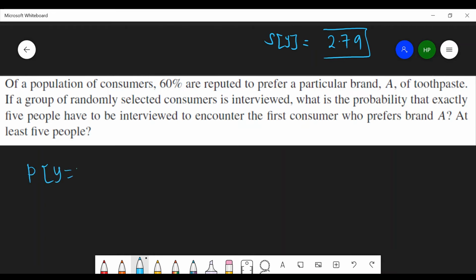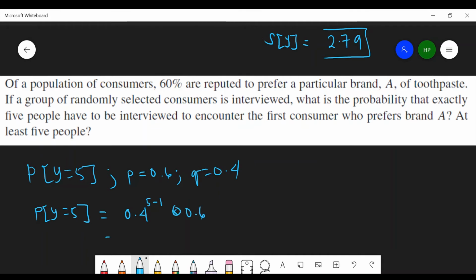Y equals 5 din, pero p equals 0.6. Therefore, this implies q equals 0.4. So, probability of Y equals 5 will give you what? 0.4 tapos 5 with a constant 1 na subtracted times 0.6. Okay? So, ayan ilalagay mo yung sagot dyan.